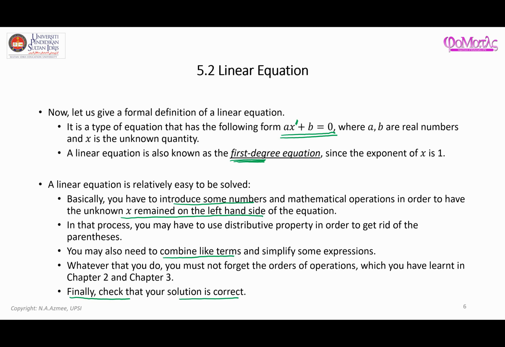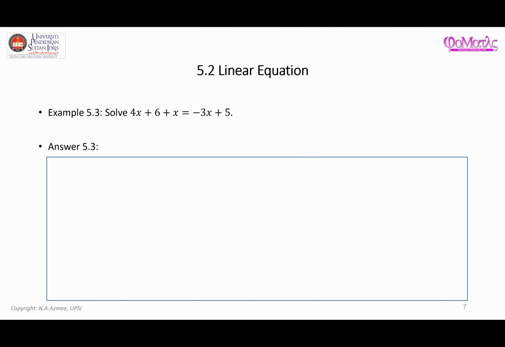Let's look at example 5.3. Solve for x: x plus 6 plus x is equal to negative 3x plus 5. I'm going to put all the x terms together on the left hand side.